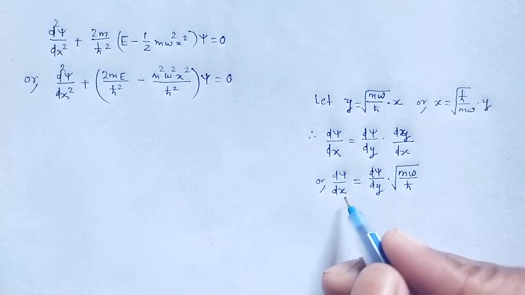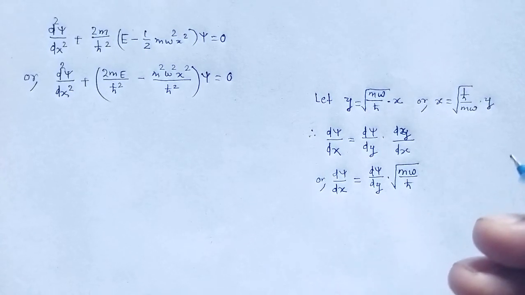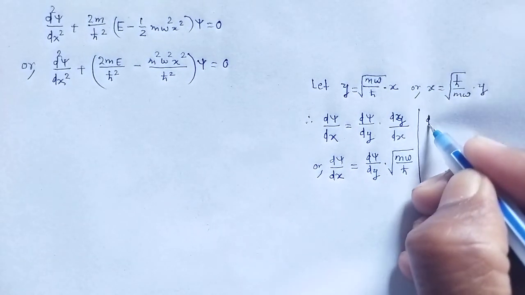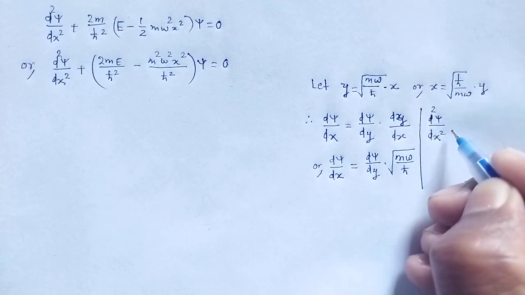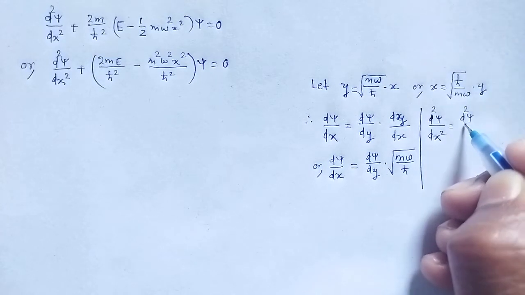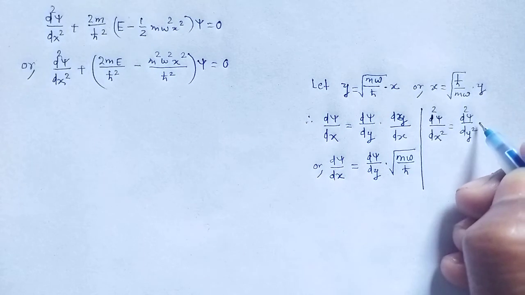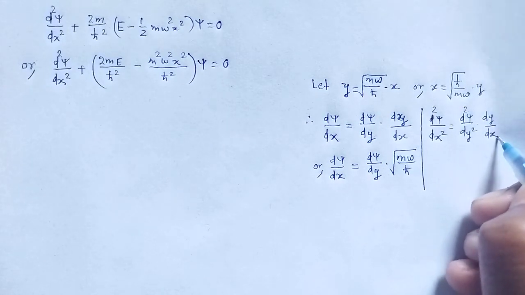Again we differentiate psi with respect to x. Therefore d square psi by dx square is equal to d square psi by dy square into dy by dx.